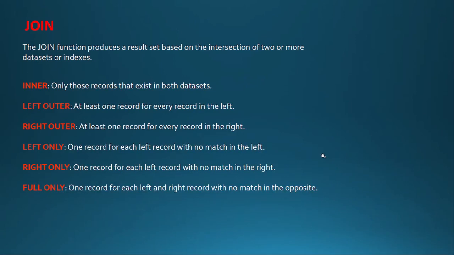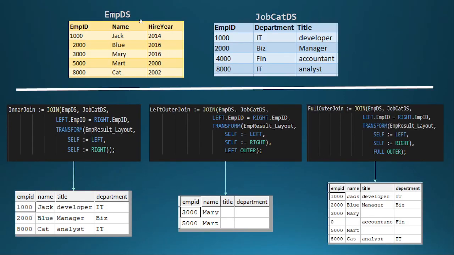Joins. This is when we have two different data sets and we have some property that's in common and we want to join the two of them. Again, only for advanced people. So if we have, for example, a list of employees with their employee ID and name, and a different data set of employee ID and department, and we want to know name and department, we can join those two together using these join functions.